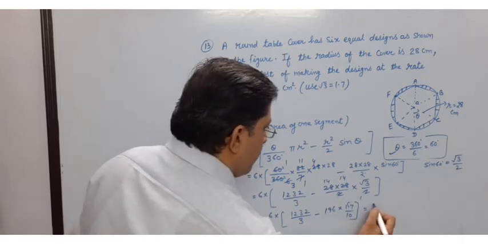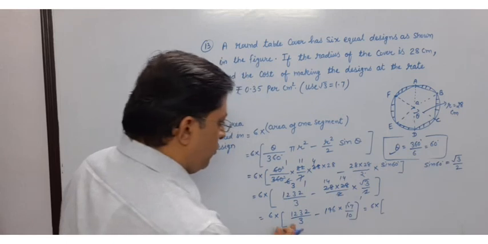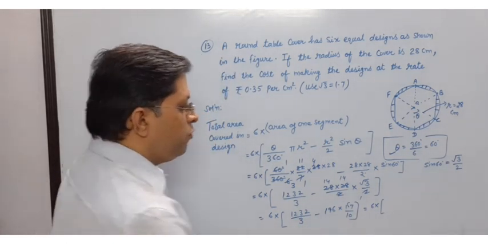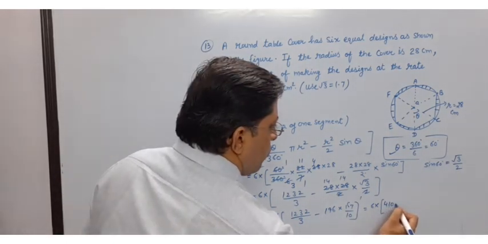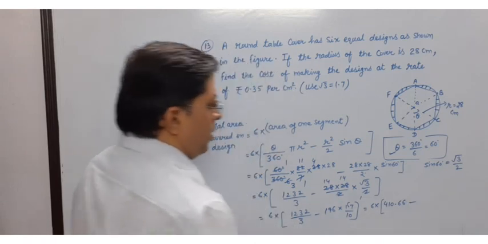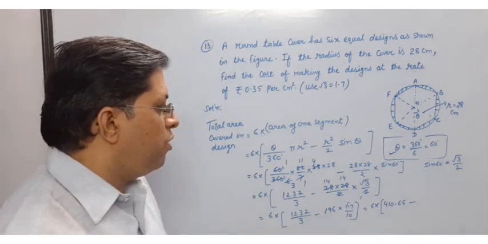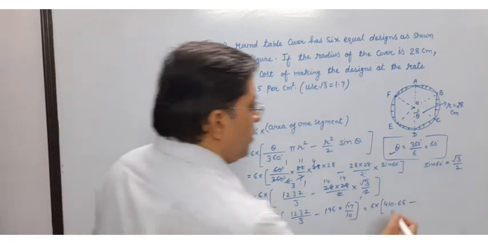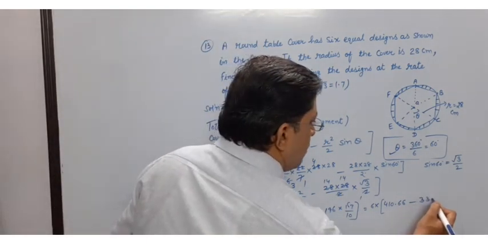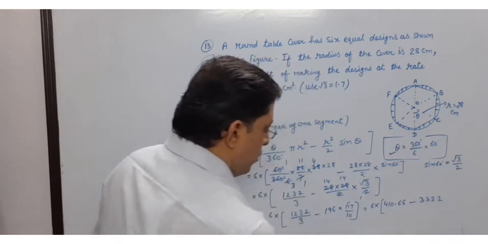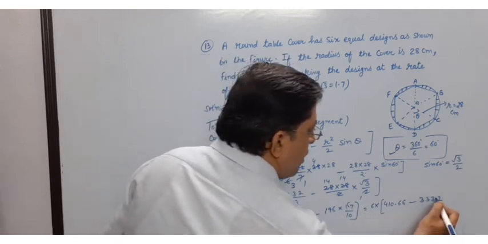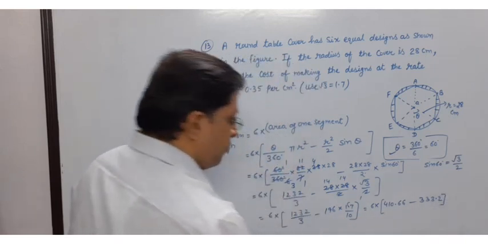Okay, then what will come? 6 into, after dividing, see what will come? This is 410.66 minus 196 into 17. This will be 333.2, and here it is divided by 10, that is why 0.2.